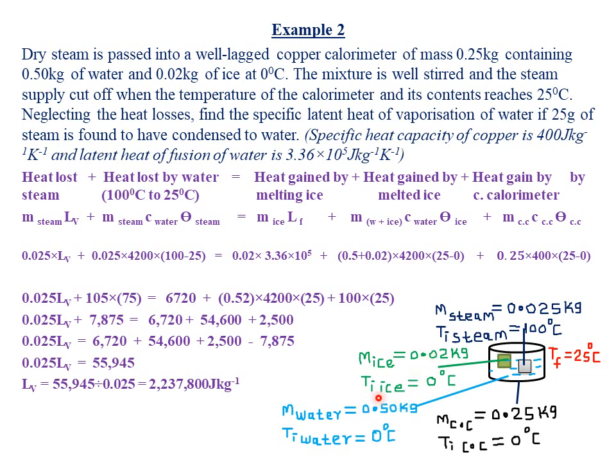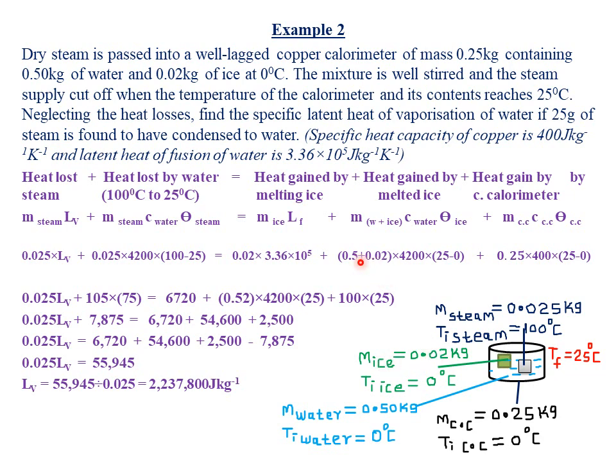So remember, when a substance changes its state of matter, mass actually remains constant. Therefore, even after melting, the mass of the melted ice will be equal to the mass of the ice, which was in solid form.